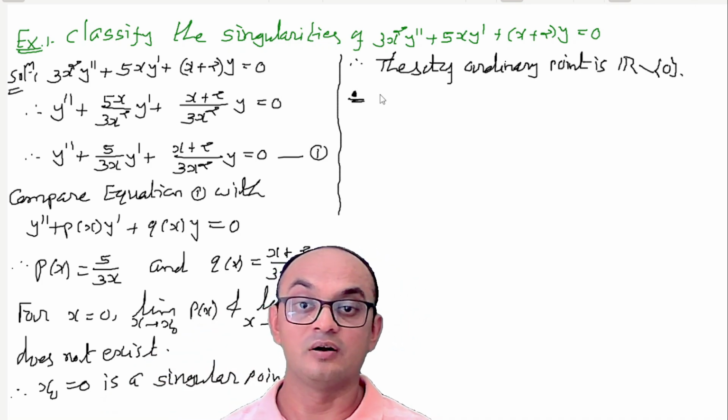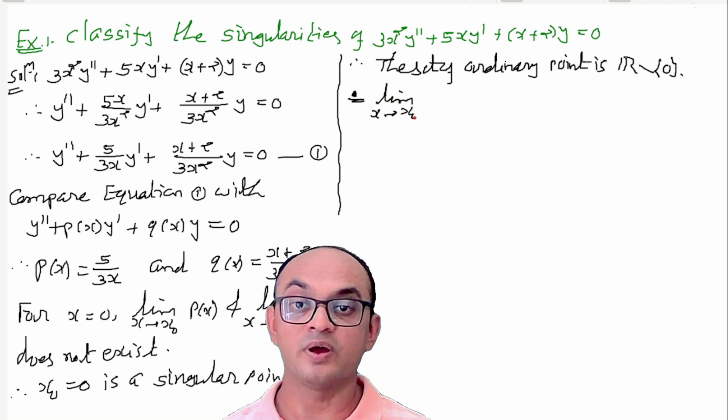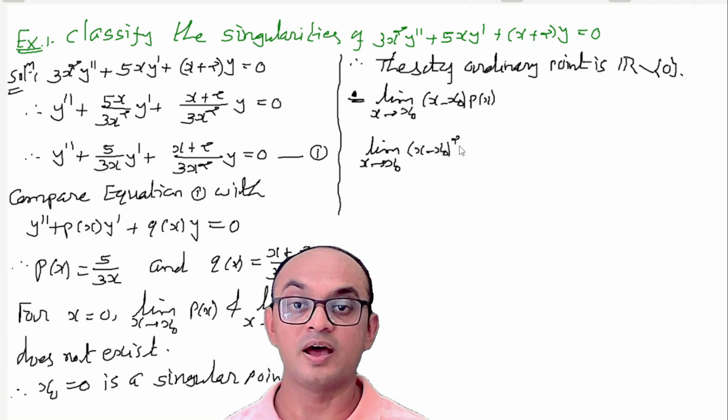We write the limit as x tends to x0 of (x minus x0) into p(x), and the limit as x tends to x0 of (x minus x0) squared into q(x).